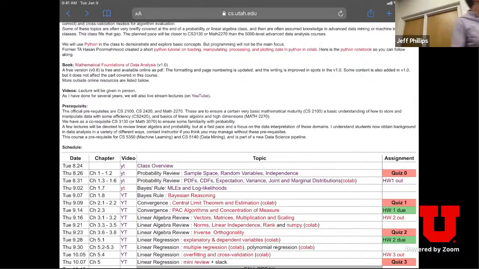And then the next couple of lectures are going to be on convergence. This is part of the first 6 content lectures, which are directed around probability. The convergence will be about the central limit theorem, which hopefully you heard of in your probability course.